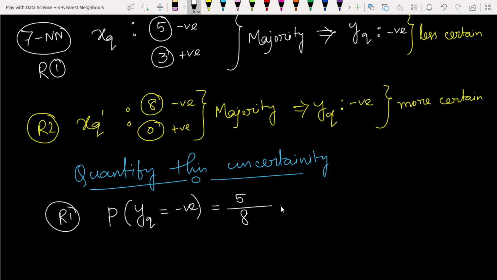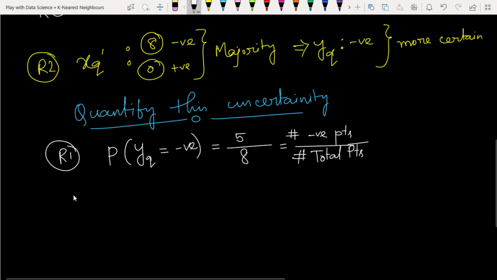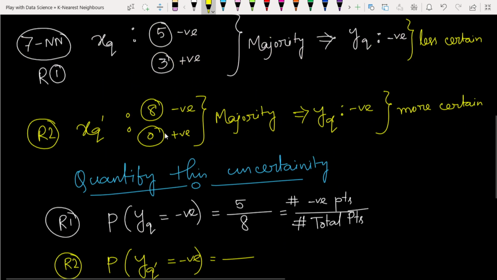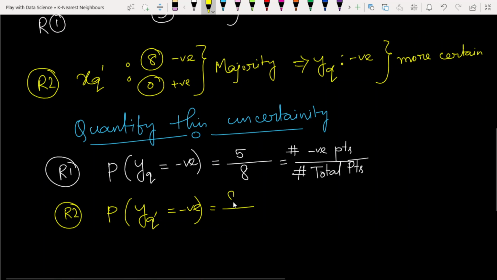So this probability will be the number of negative points divided by the number of total points. And for R2, out of 8 points, all 8 points are negative, so this value will be 100%.